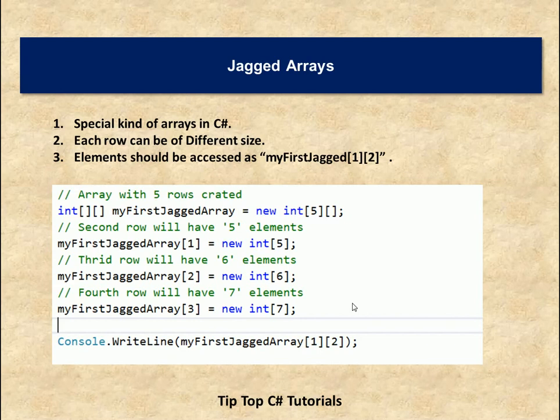In a multidimensional or two-dimensional array, we expect each row to have the same number of columns. It's like a matrix. But here the column number may vary, increase or decrease.